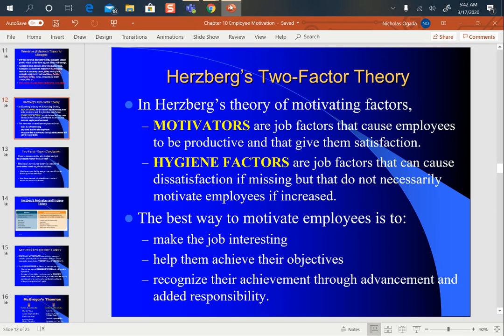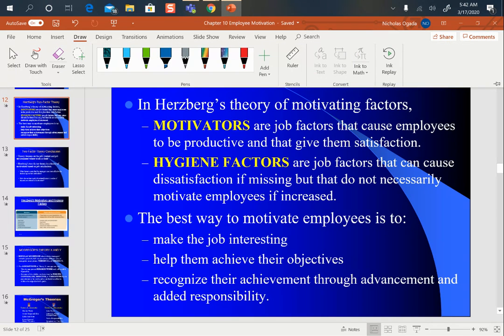You're going to see what these factors are later on. The hygiene factors are those factors that can cause dissatisfaction. Again, if you think about it, these are factors that don't satisfy.